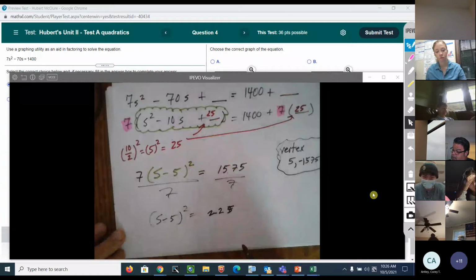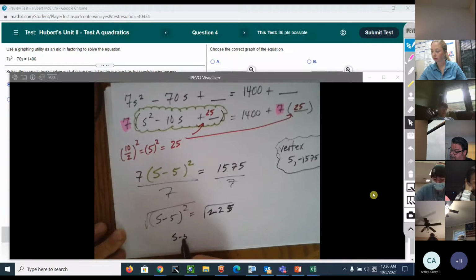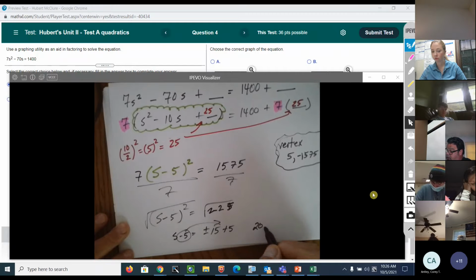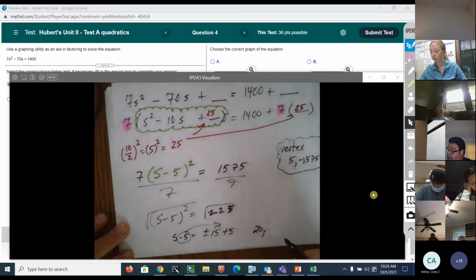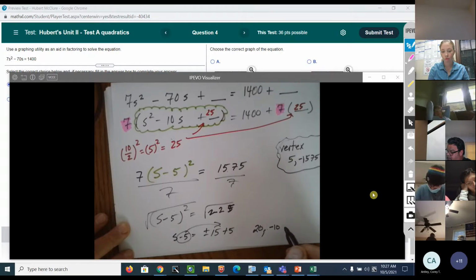Okay. And take the square root. S minus 5 is equal to positive or negative 15. Bring this over. That's going to give us 20. And negative 15 plus 5 is negative 10. I think it is.